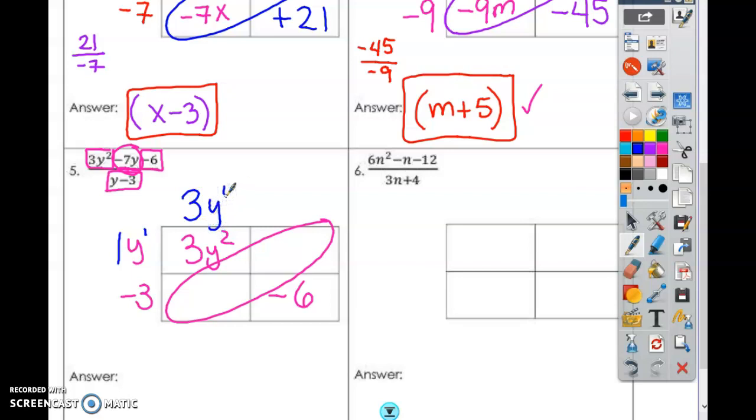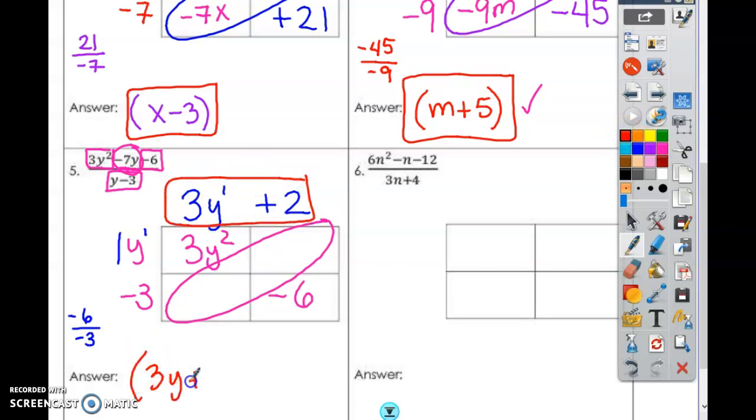Did everybody get that one? Okay? And then the last one, negative 6 divided by negative 3. Negative 6 divided by negative 3 in decimals gives you a positive 2. You're done. That's your answer. Right? So put the answer down here, 3y plus 2.